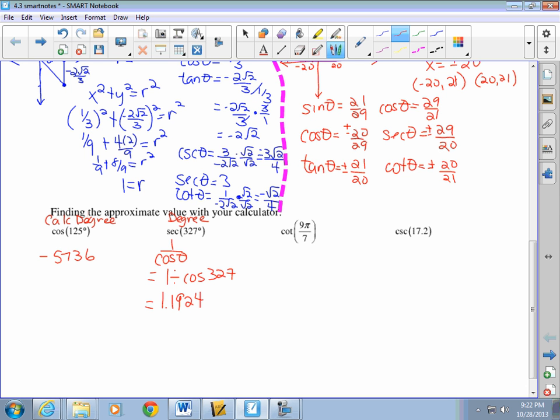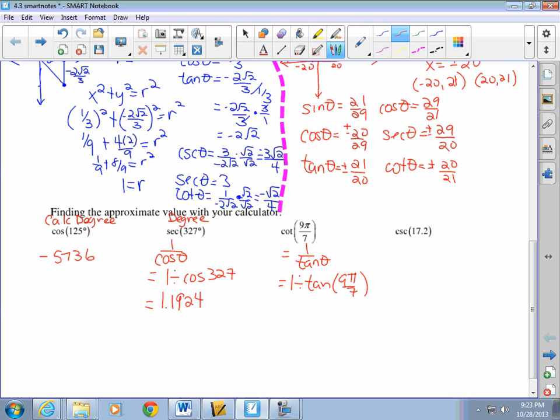Okay. So we're going to try cotangent of 9 pi over 7. So I know cotangent is the same as 1 over tangent theta. So that means I'm going to do 1 divided by tangent of 9 pi over 7. So 1 divided by tangent 9 pi, and pi is right underneath.